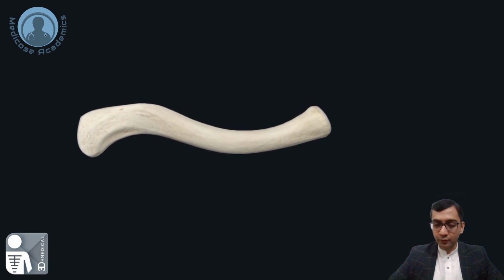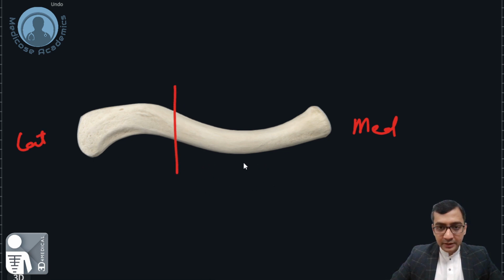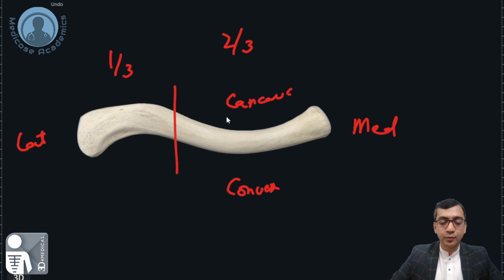This is the medial end and this is the lateral end. The medial part is convex anteriorly. This is the medial two-thirds, and this is the lateral one-third. The medial part is convex anteriorly and concave posteriorly, and the lateral part is opposite.